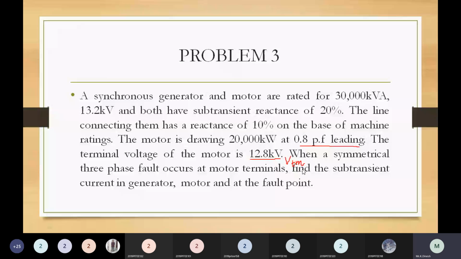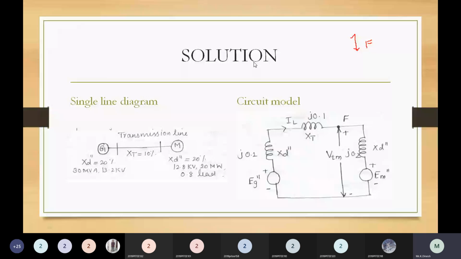So directly move on to the solution. In the solution, I will start with my single line diagram. The single line diagram is not given in the problem, so we have to assume and draw it. In the problem, they mentioned clearly we have a generator and a motor connected with a transmission line. The generator subtransient reactance is 20%, its power rating is 30 MVA and its kV rating is 13.2.